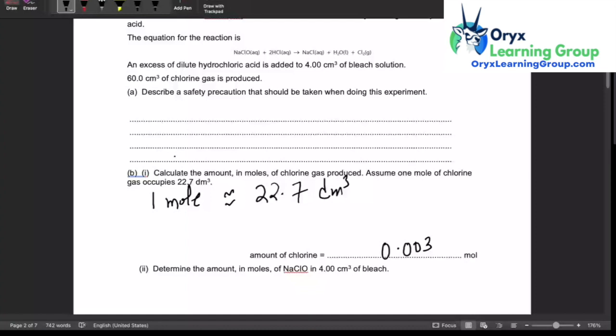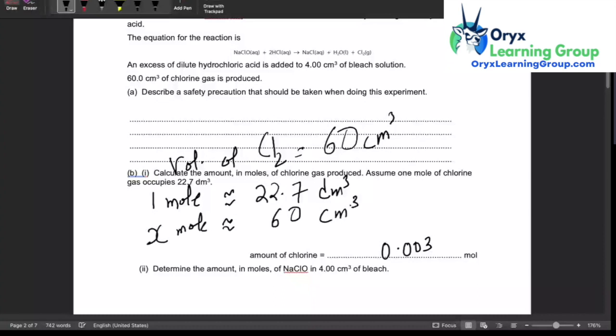So the volume of Cl2 produced is 60 cm cubed. Now 1 mole corresponds to 22.7 dm cubed, so X mole corresponds to 60 cm cubed. What will be X? You convert 60 cm cubed to dm cubed. How do you convert it? We divide by 1,000. Correct.